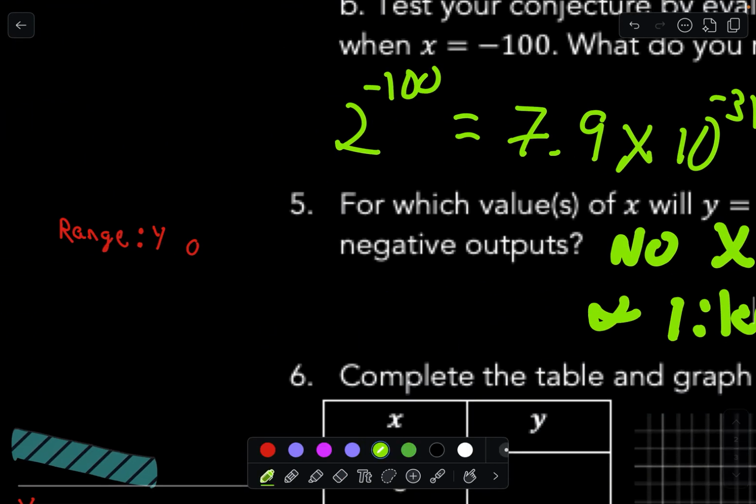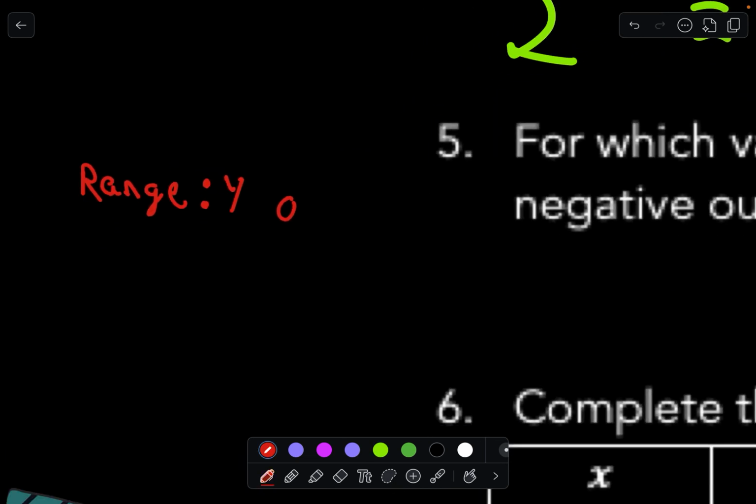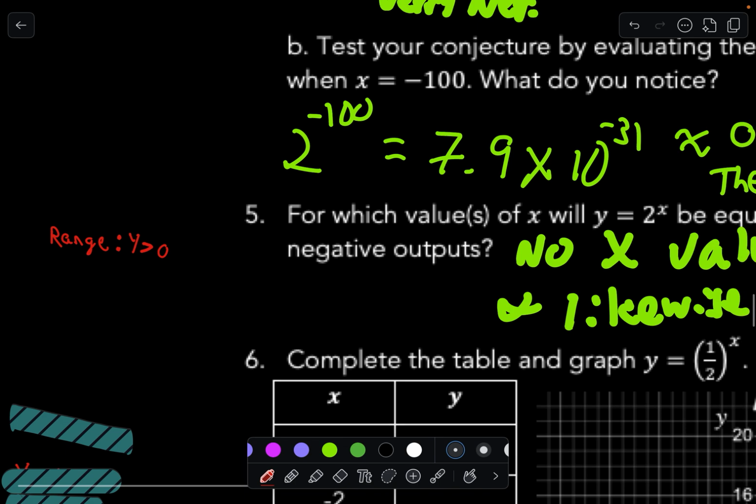And this tells us that the range, remember the range is the output, is y is greater than 0. It will never go past 0. So the graph will always be above the x-axis. And that's the range.